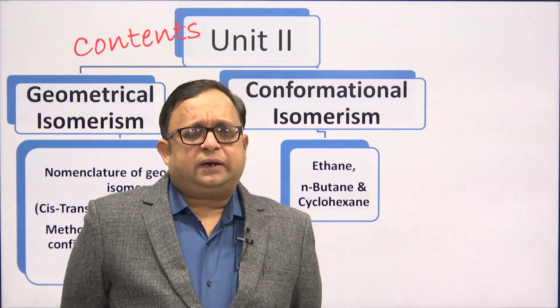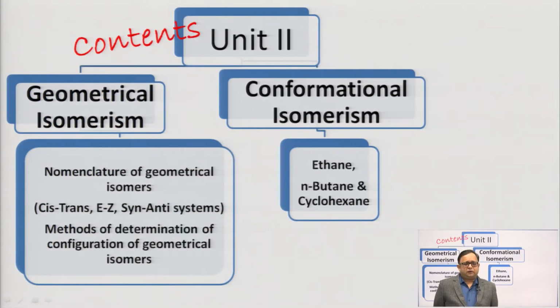As far as this unit is concerned, it basically deals with geometrical isomerism, that is various methods of nomenclature of geometrical isomers: cis, trans, E-Z, syn, anti, and methods of determination of configuration of geometrical isomers.